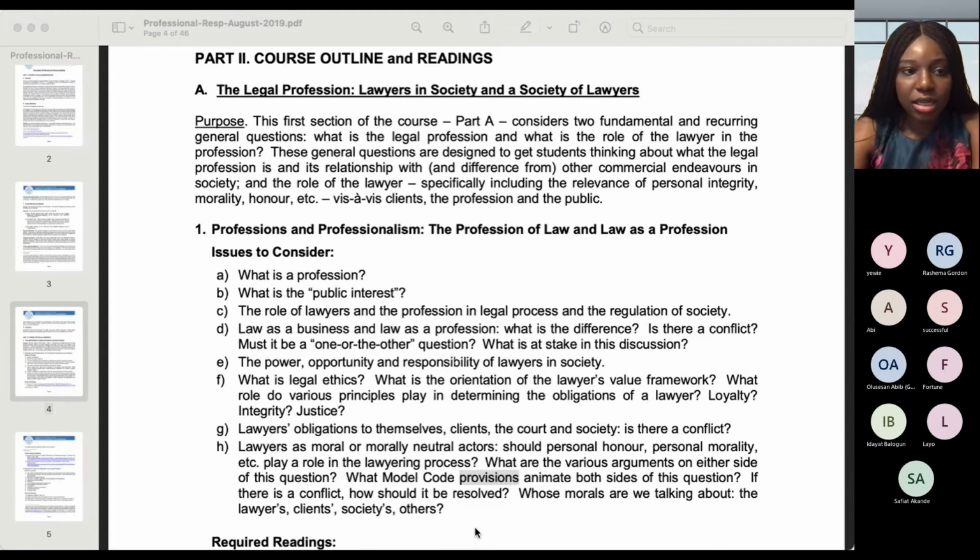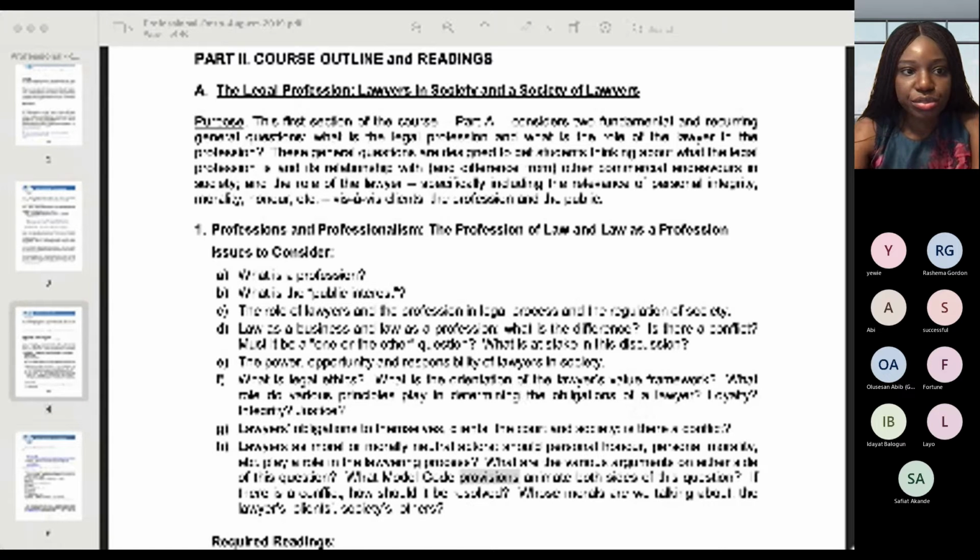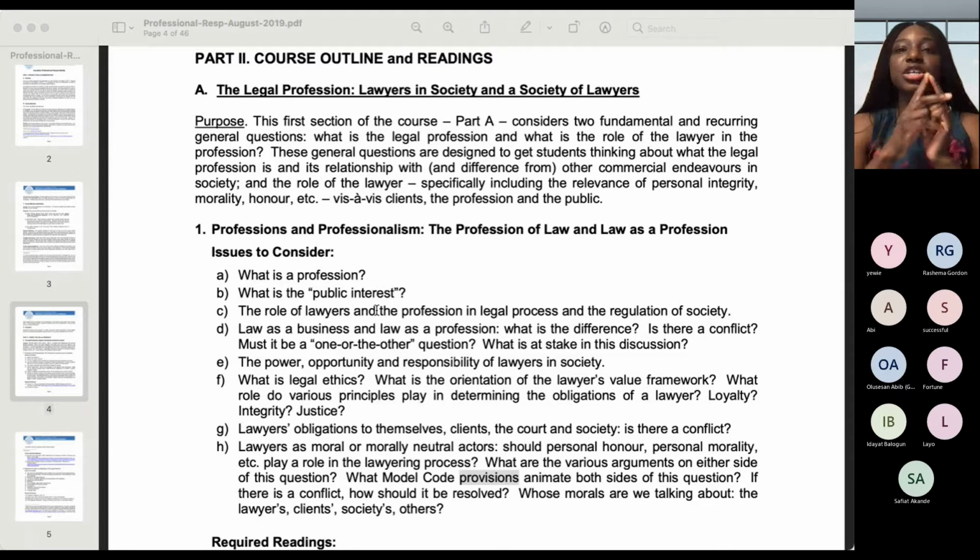Now in part A, we were saying that part A is very heavy. It's very dense. So let me see, most of the things, it talks about ethics. The first two things that you should note about ethics is a body of laws, like the model code. And ethics is also your interaction as a lawyer with your clients, with other lawyers, interaction basically in your day-to-day practice as a lawyer.